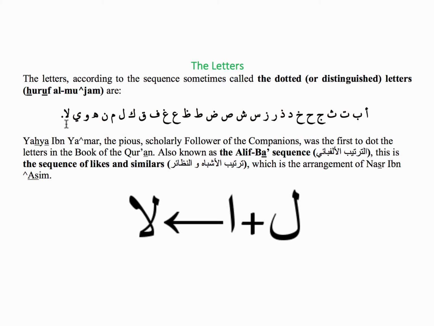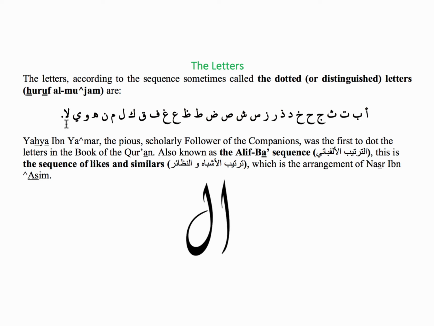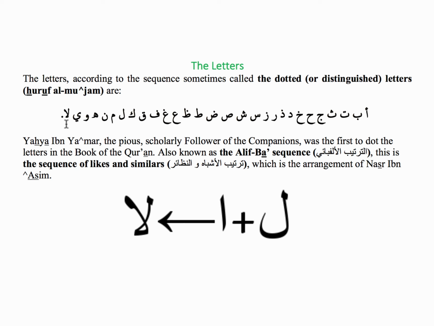That's why they have lam alif, because you can never have a true alif, which is an extended vowel, without a letter in front of it. So since the lam and the alif frequently appear together, the scholars chose to select the lam to go along with the alif when listing the letters like this.